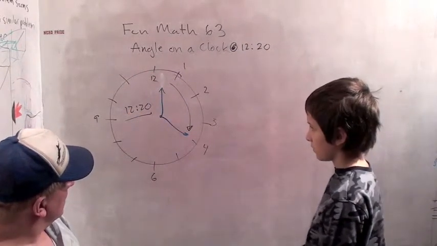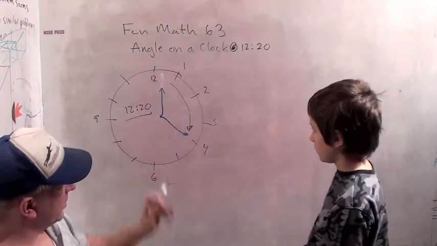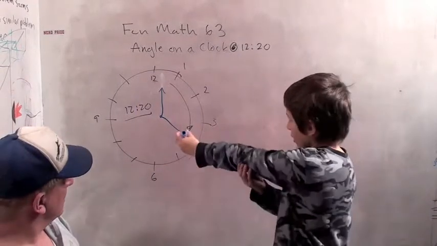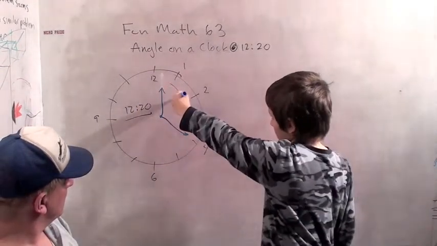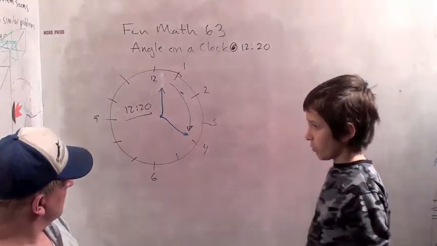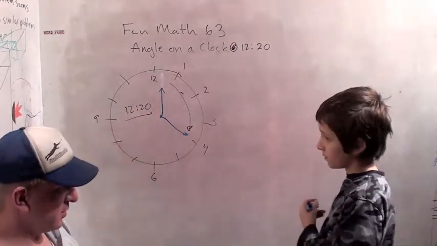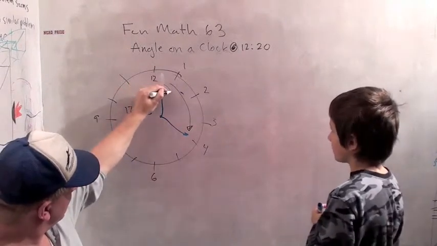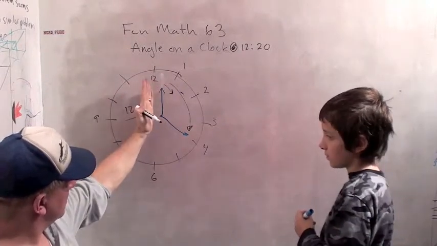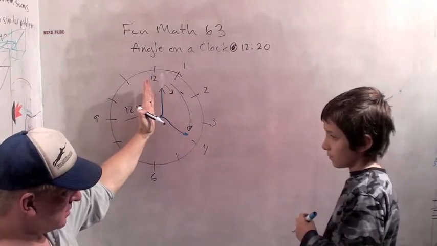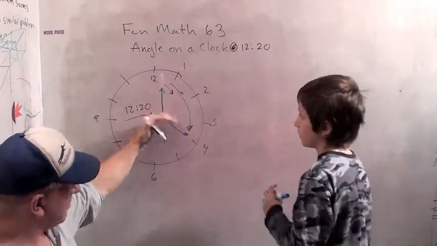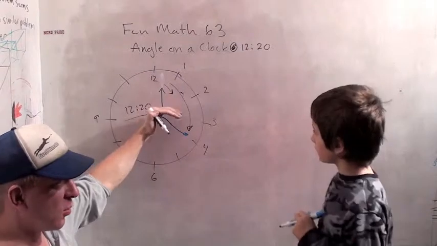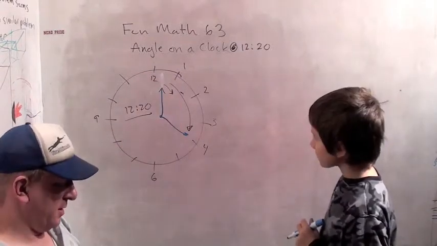What happens to the hour hand? The hour hand moves the same way but slower. What does that do to the angle? Shrinks it a little bit. In comparison to if the hour hand stayed still, the angle would get really big, but since the hour hand's moving, it doesn't get quite as big.